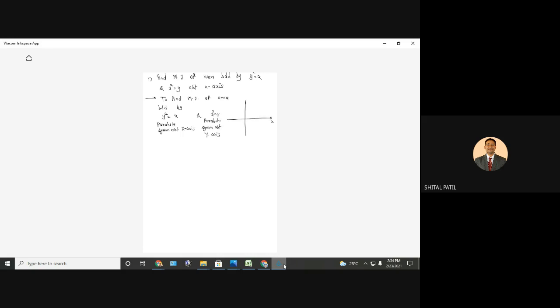These are the parabolas. This is the area of integration. The common area is this area. What is the point of intersection? 1, 1.